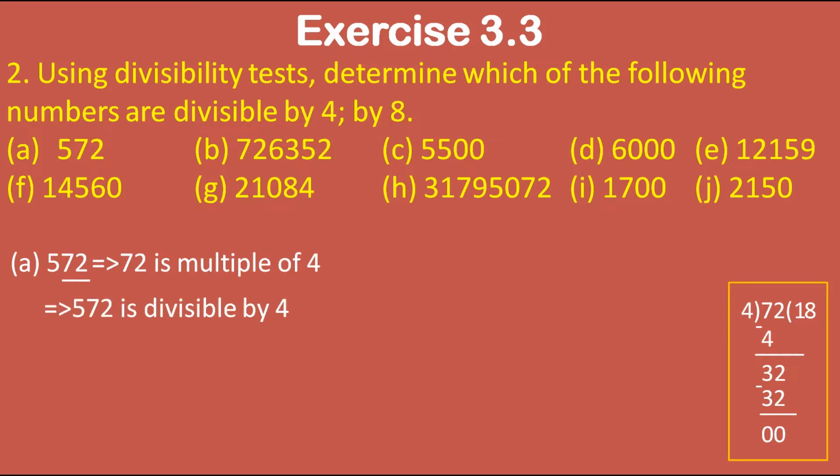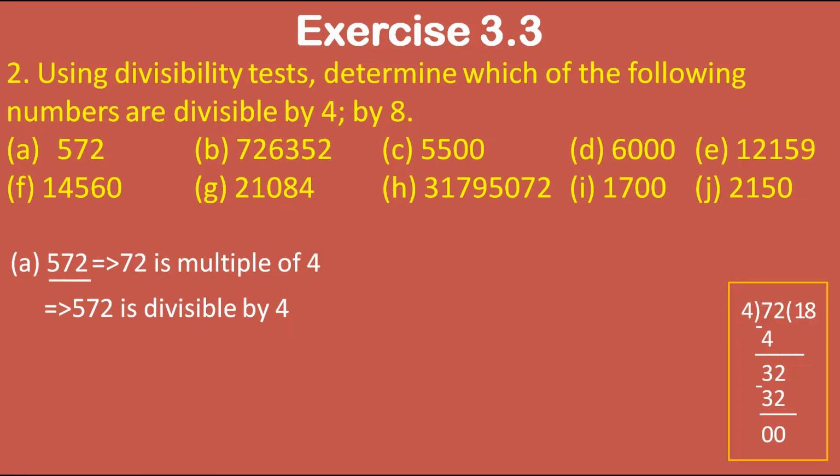Now, as per the rule of divisibility by 8, we have to check whether the number formed by the last three digits is a multiple of 8. For that, we can divide that last three-digit number directly by 8. Here the last three digits form the number 572 itself.